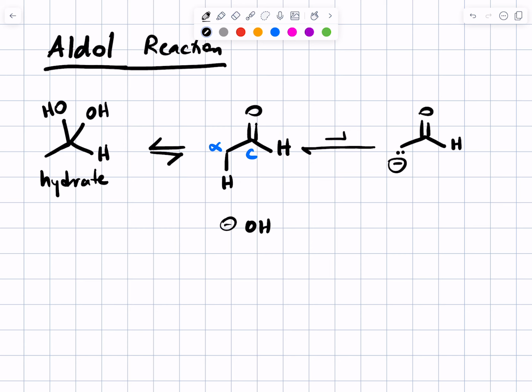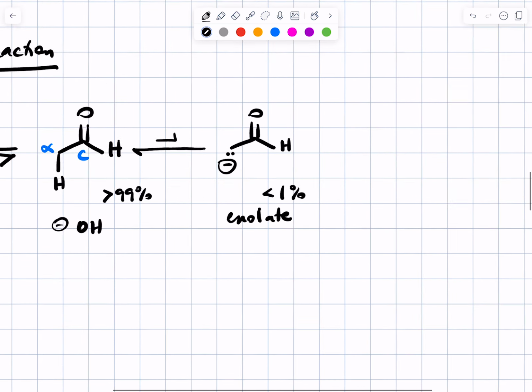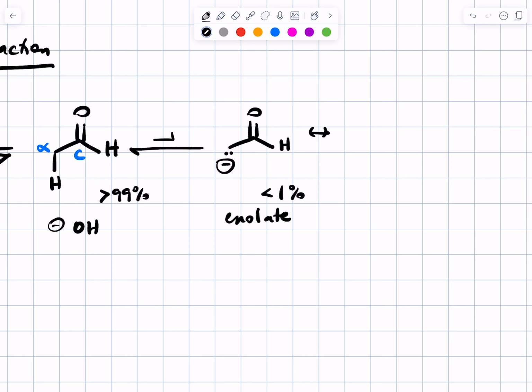Which we could draw like this. Probably greater than 99% in our keto or aldehyde form, and maybe less than 1% in our enolate form. And of course, that enolate is resonance stabilized.